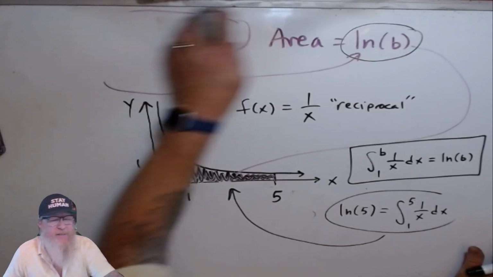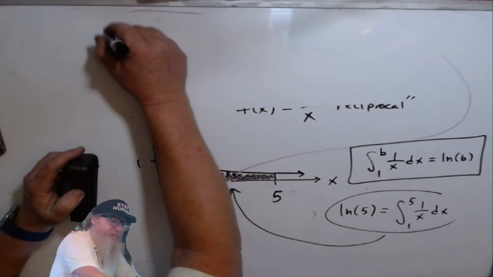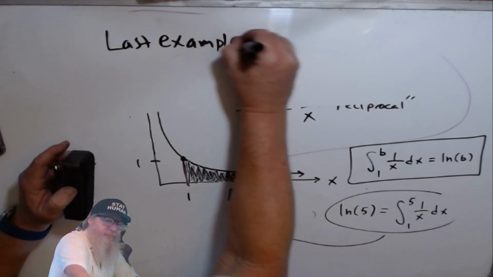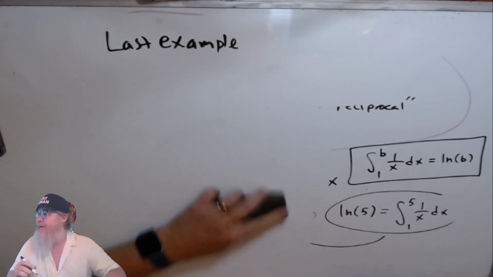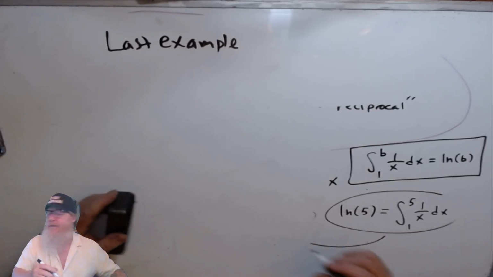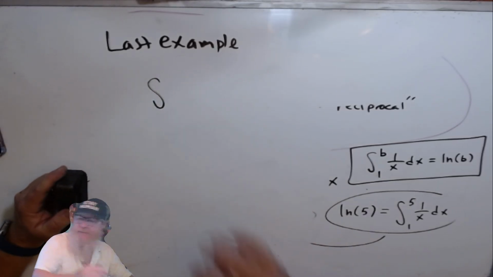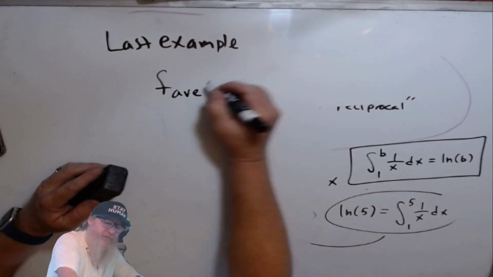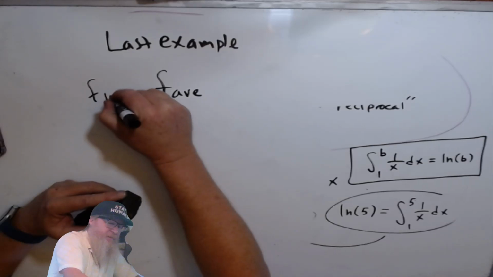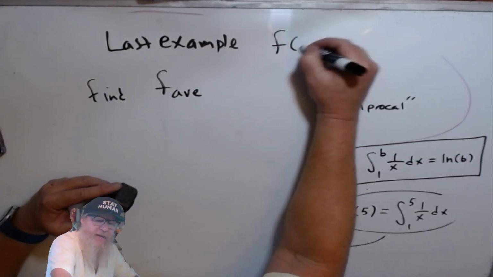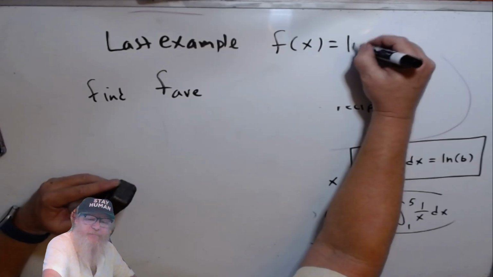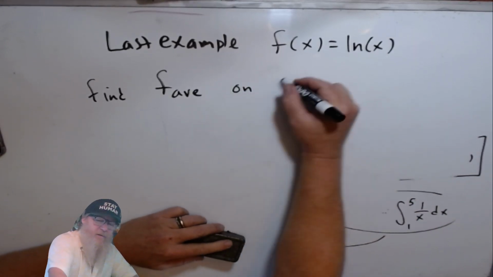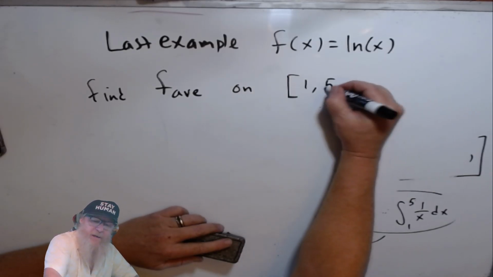So let's do one example. Find the average value of the natural log function on the interval 1 to 5.